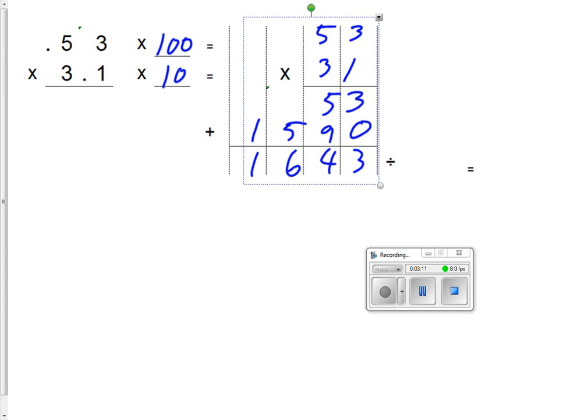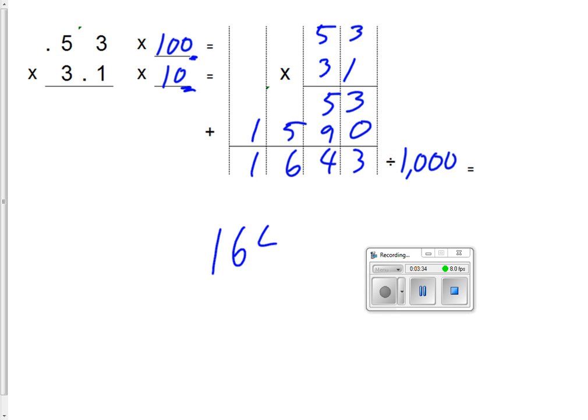So again, I just pretended the decimals weren't there. I did the multiplication, and now I need to put the decimals back, right? So I started out by making one of my factors 100 times bigger, one of them 10 times bigger, which really means that I made the whole problem 1,000 times bigger, so I need to make it now 1,000 times smaller.